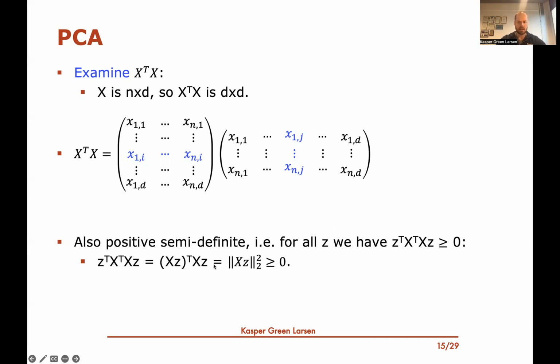We see that this whole expression is just Xz's inner product with itself. This is the squared norm of Xz, the sum of the squares of the entries, which you can also see from expanding this inner product. And of course, such a sum of squares has to be greater than or equal to 0. So it satisfies all these things. It's both positive semi-definite, real and symmetric.